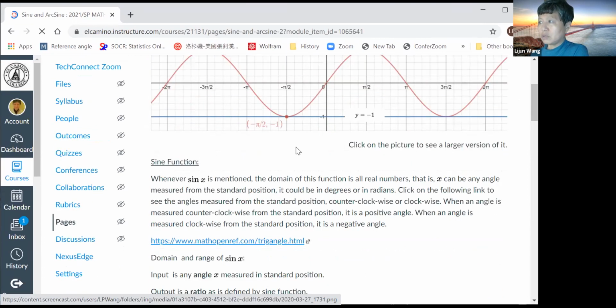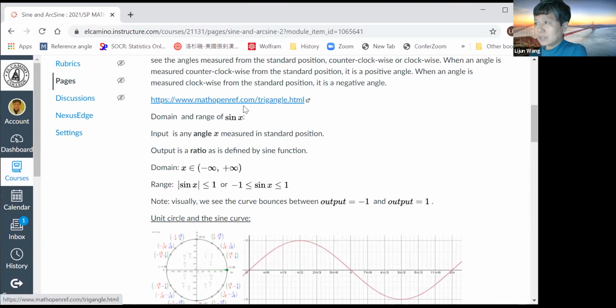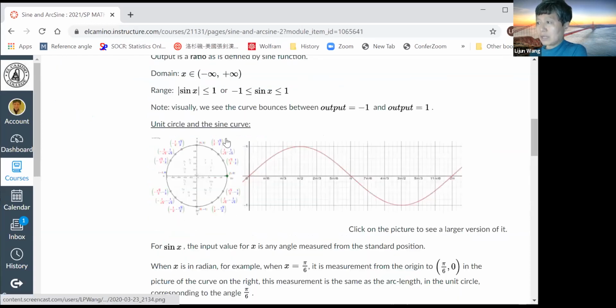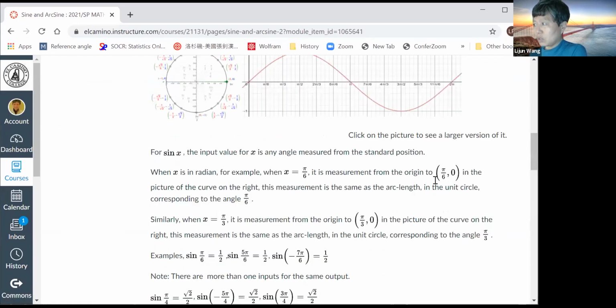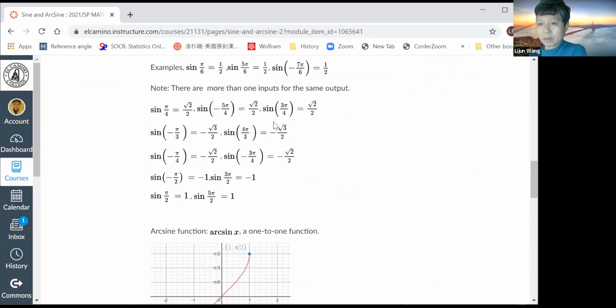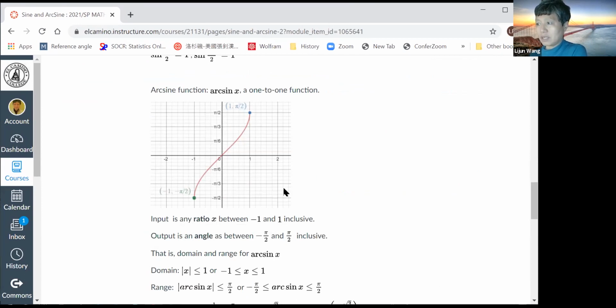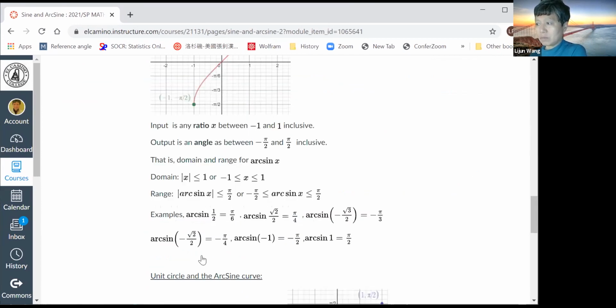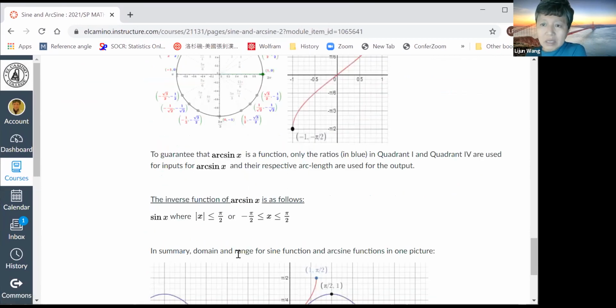There's a picture, there's a marking of the points, there's some writing, there are links, there's domain and range, and all these words and examples, and arc sine or sine inverse. You should get started reading these things. Do you guys follow me?